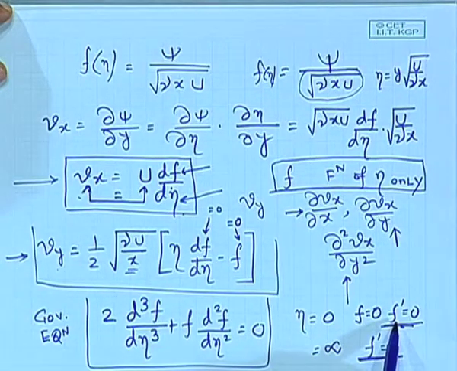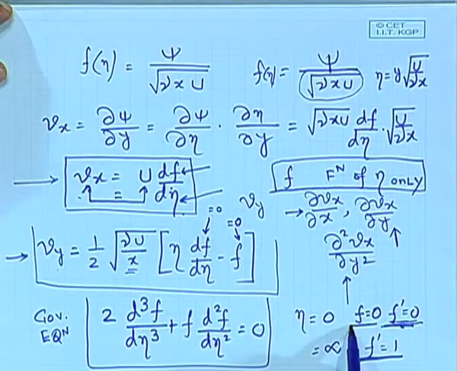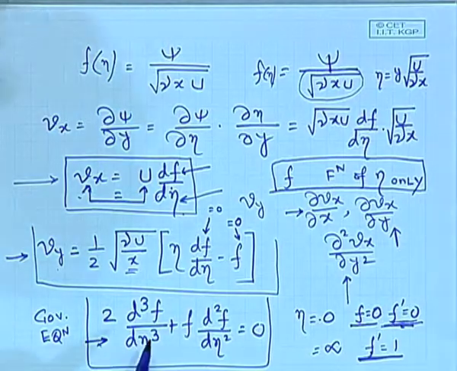There is no slip in the x direction, gives me this condition, no slip in y gives me this condition. So, these are the three boundary conditions which are needed to solve this equation. The development of this equation and the boundary conditions should be very clear to all of you. Is there any question?